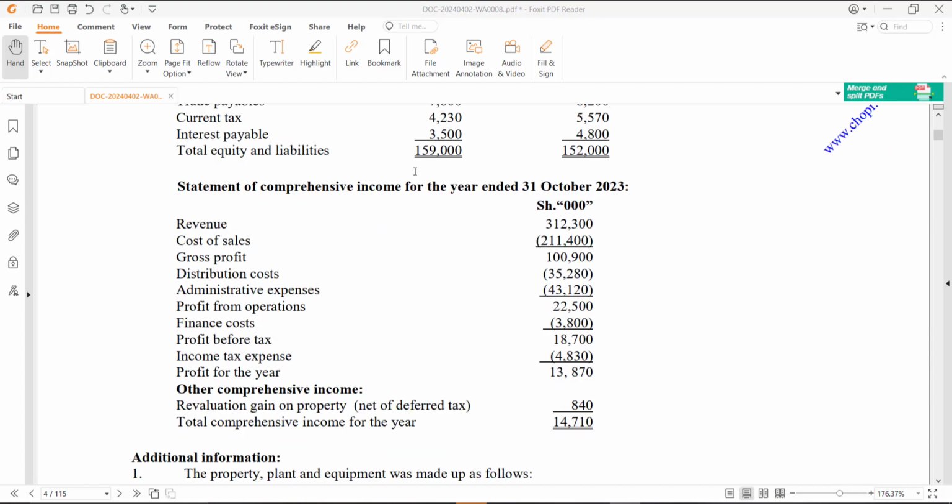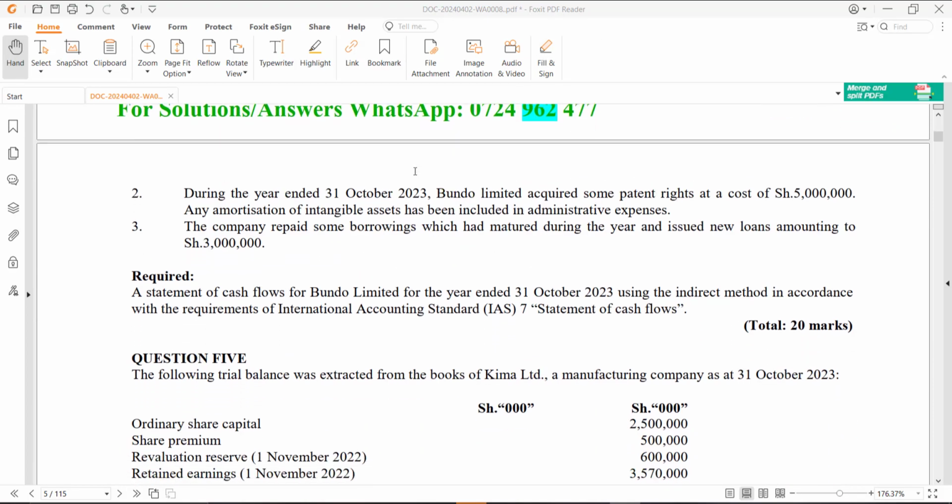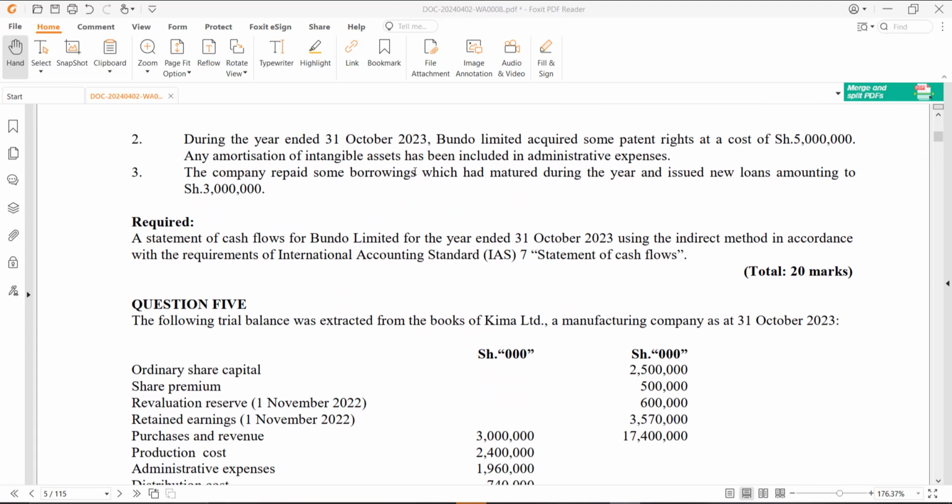We also have additional information number 2. It reads that during the year ended 31st October 2023, Bundle Limited acquired some patent rights at a cost of 5 million.